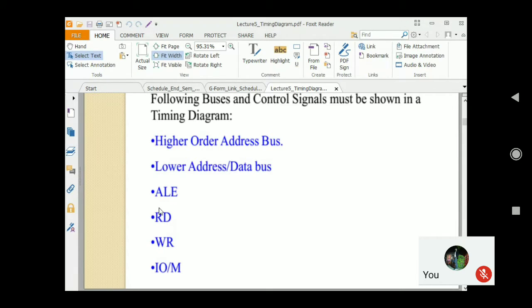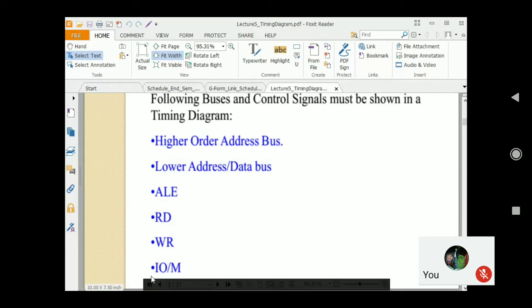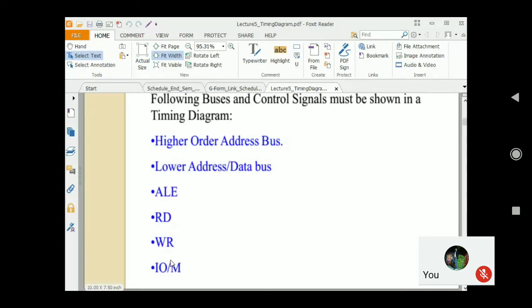Just the opposite, negation. Again, IO/M bar is also a bar signal. If we see the control signals in the 8085 architecture and the pin diagram of the 8085, we come across this bar. Bar means just a negation of the input. So if I give 0 as input, the output will be the opposite of that input.